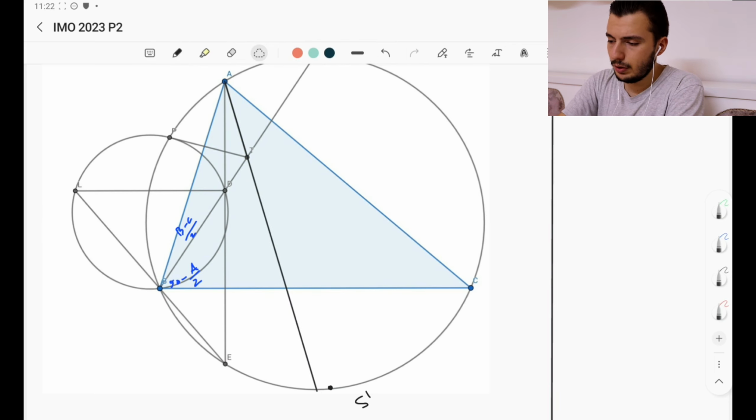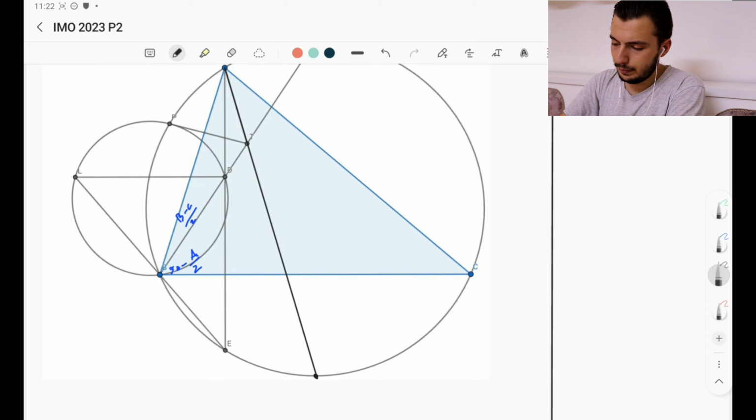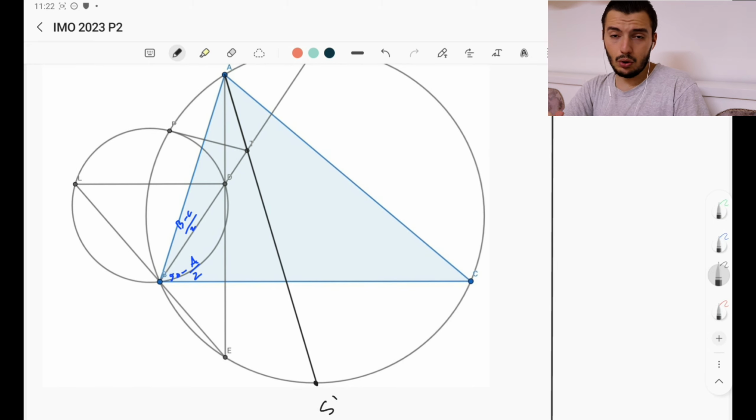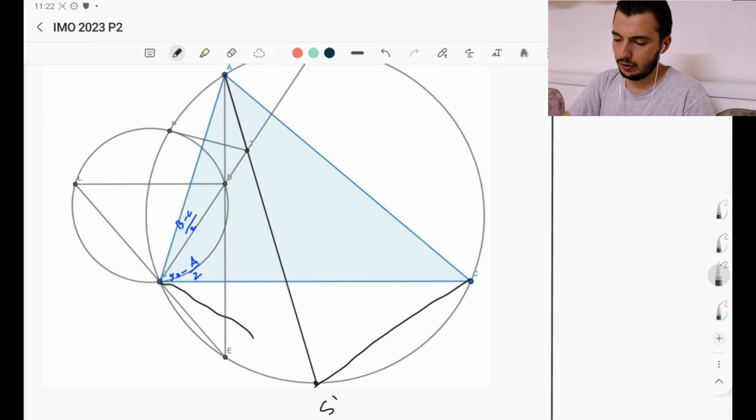Okay, so let's take it there. Okay, so it lies on the angle bisector. Also, it lies on the perpendicular bisector of BC. Of course, because this is equal to this, an isosceles triangle.